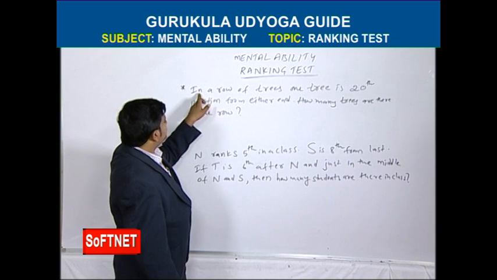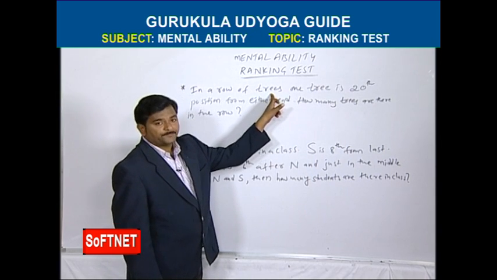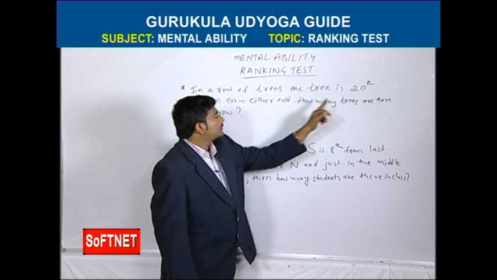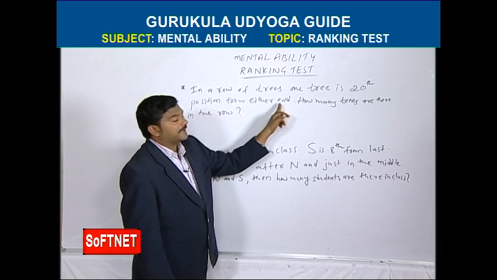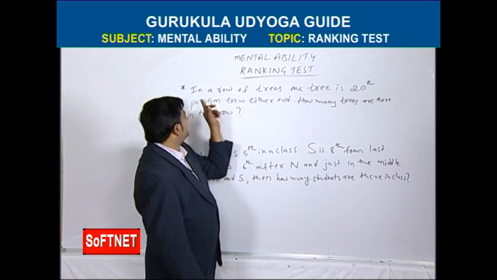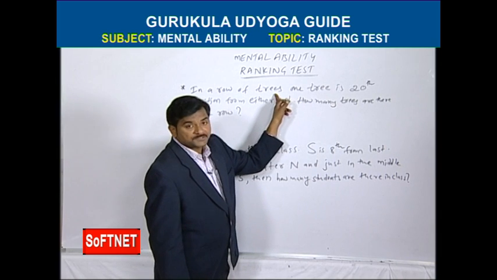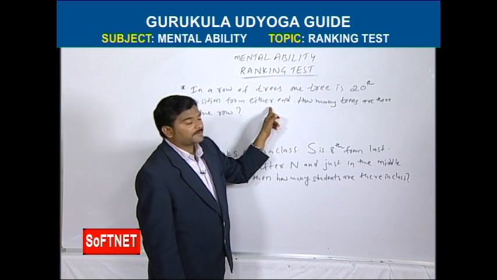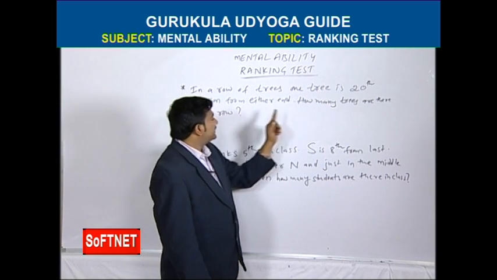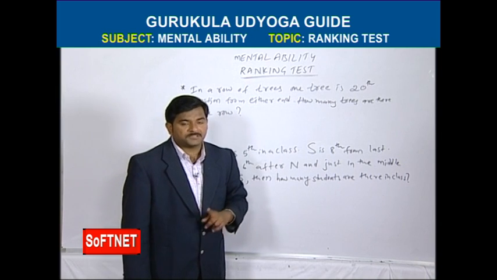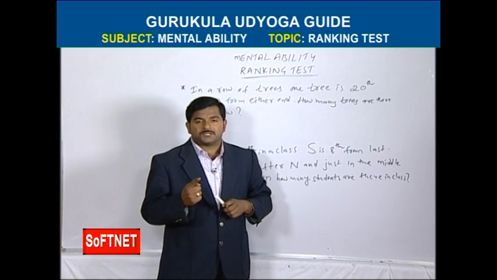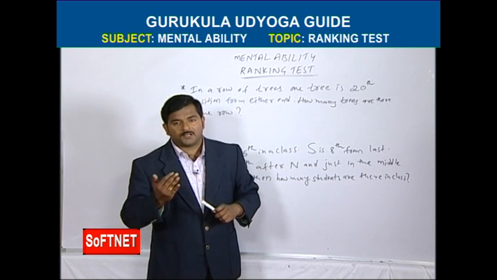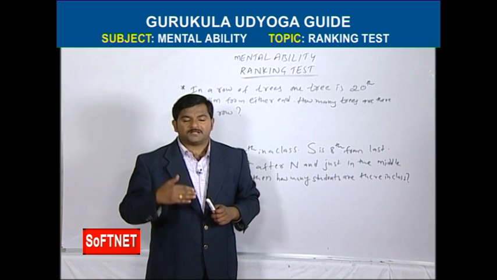See, observe the question here. In a row of trees, one tree is 20th position from either end. I repeat, in a row of trees, one tree is 20th position from either end. How many trees are there in the row? If you observe question number 1, one side was given, total was given, and he asked to find the other side.